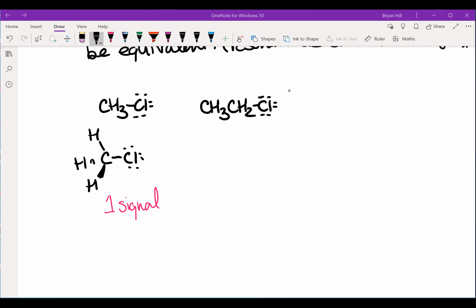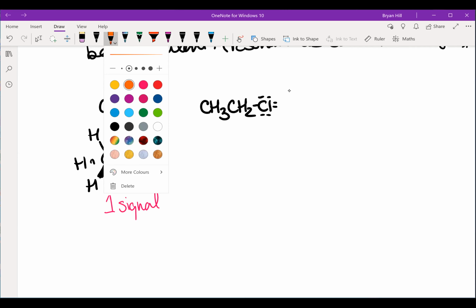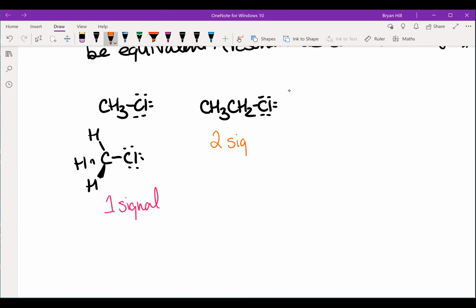We've got 2 protons on a carbon directly attached to a chlorine, and 3 protons on a carbon which has a carbon in between. So here we should indeed see 2 signals.